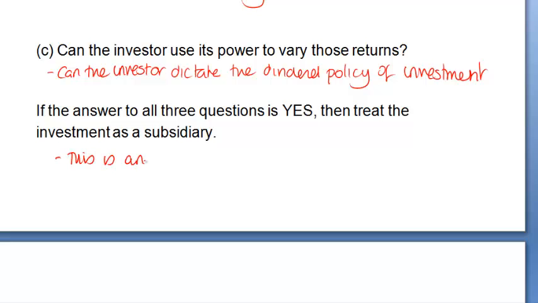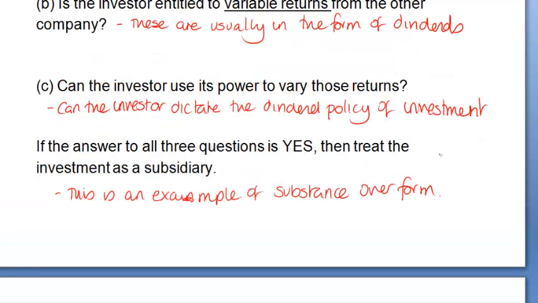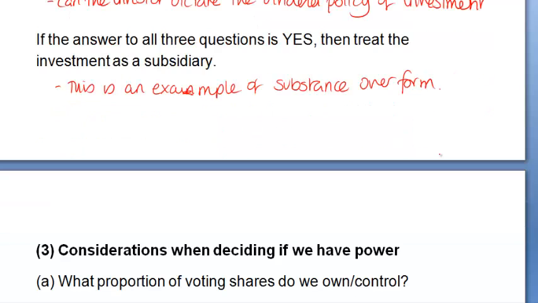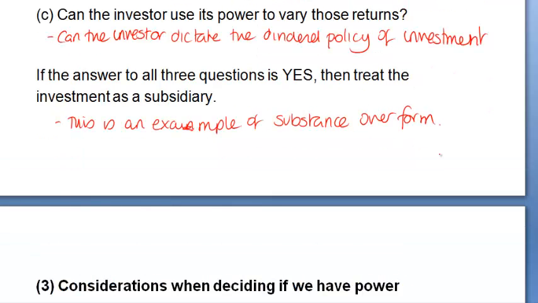This is an example of what we refer to as substance over form. So that's our first consideration. Now, it doesn't give us a definite answer. So we've got some broad scenarios that we can look at.